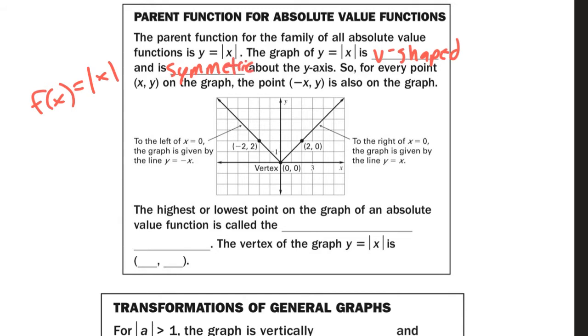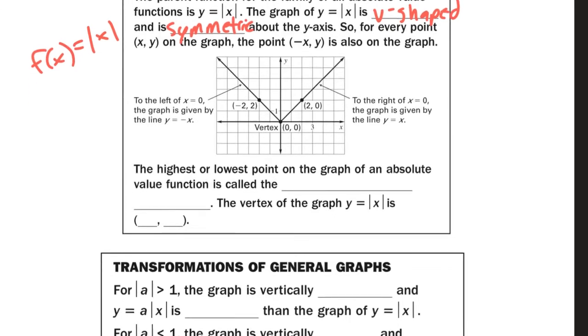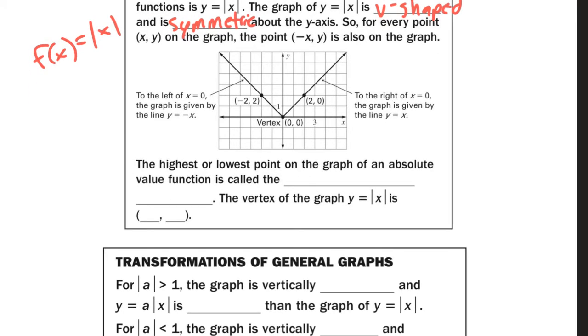The symmetry of this graph allows us to do the graphing a little bit easier. So it's symmetric about the y-axis. So for every point, x, y, there's a reflection of that point also on the graph. So this just shows that symmetry with 2, 2, and negative 2, 2.